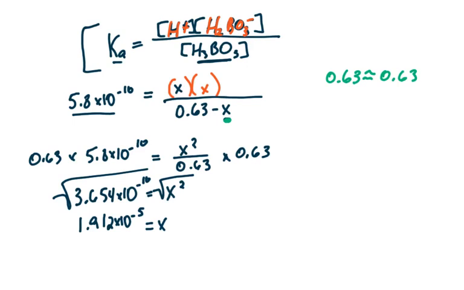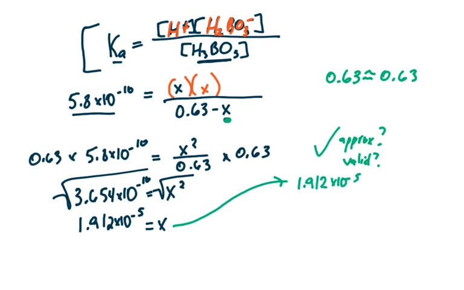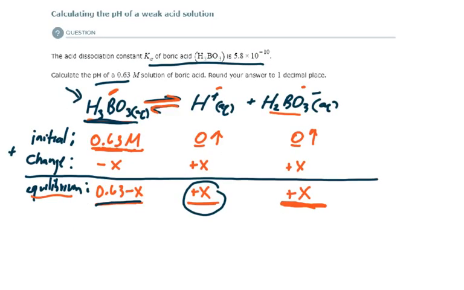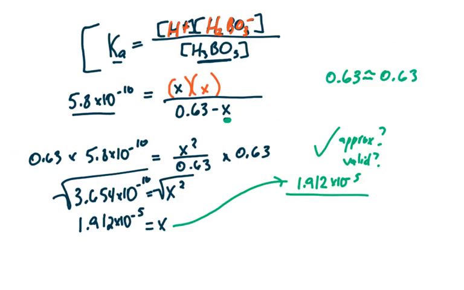Now we can go ahead and test the approximation method right now before we move on. So how do we check the approximation method to see if it's valid? Well, I take my value for X, 1.912 times 10 to the minus 5, and I divide it by the initial concentration, which is 0.63, and I multiply it by 100 to convert it to a percentage.